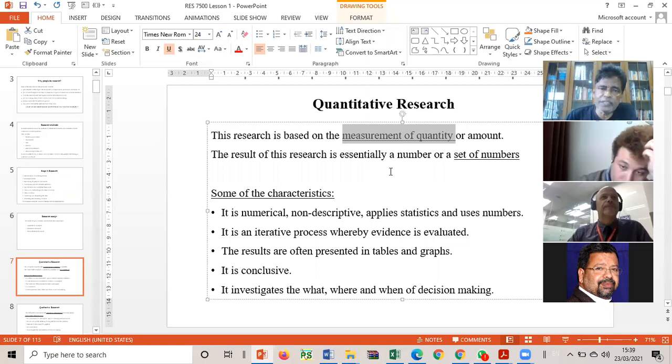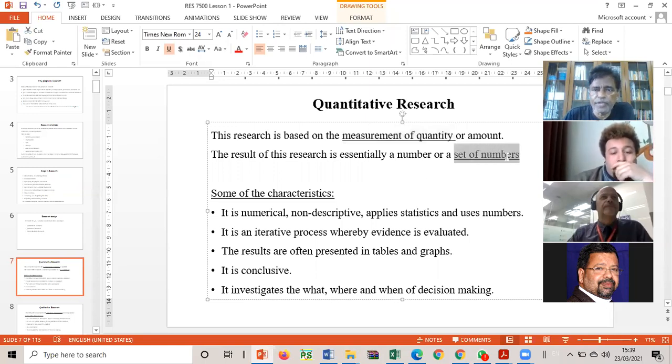So it involves numbers. Whatever data we capture is in terms of numbers. Example: number of admissions in a hospital, number of COVID cases, length of stay in a hospital, or the product volume, price of the product. All these will be in terms of numbers.